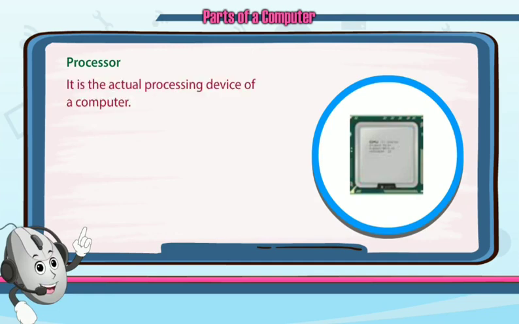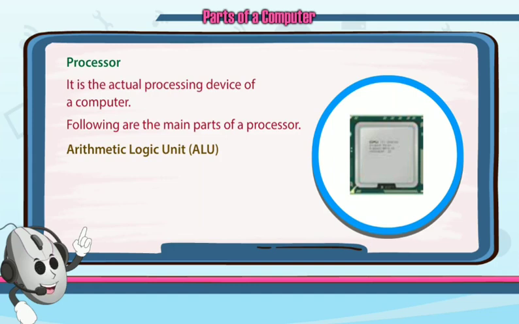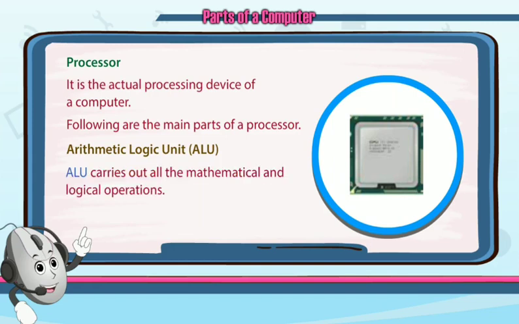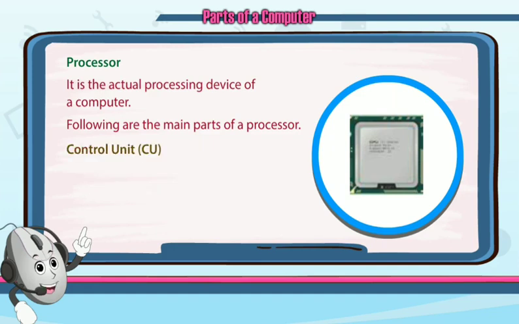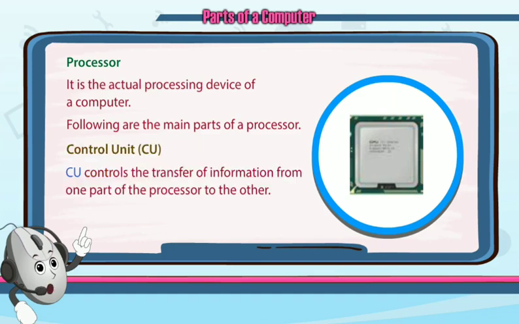Processor. It is the actual processing device of a computer. All the processing is done by the processor. Following are the main parts of a processor. ALU, arithmetic logic unit. ALU carries out all the mathematical and logical operations.